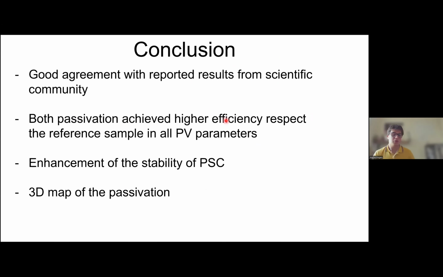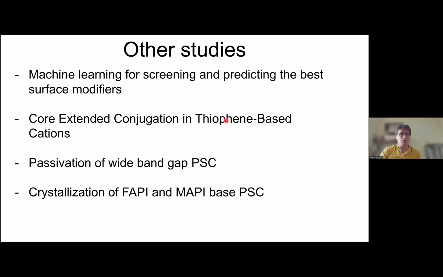But the most important part of this experimental result is that we managed to make the 3D map of the passivation. And so I hope everyone can reproduce our result, and this can help to better understand the passivation and the results of the passivation. And with this, I conclude my talk.